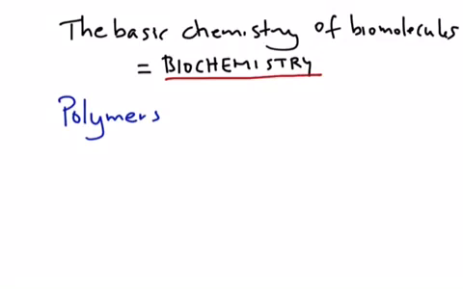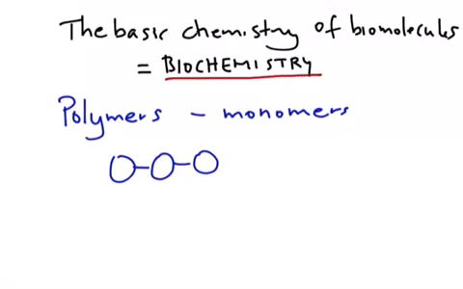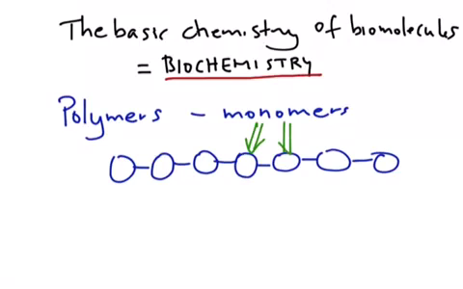They're made up of a number of smaller subunits, which we would refer to as monomers. So when you attach a whole lot of monomers together, so smaller molecules, so each of these is a monomer, then you create a polymer.